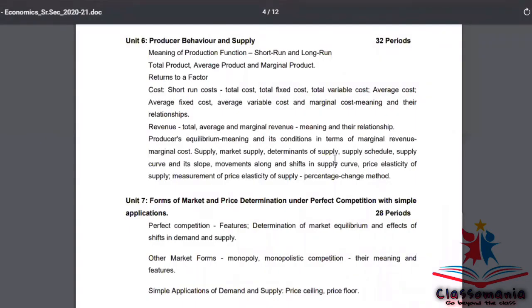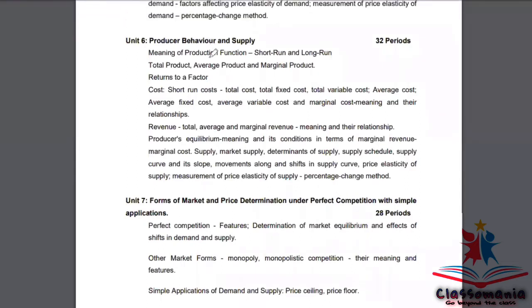As we move towards unit 6, producer behavior and supply, the topic which has been deleted from this unit is producer equilibrium, meaning and its condition in terms of marginal revenue and marginal cost. Remaining topics are coming as it is in the examination.